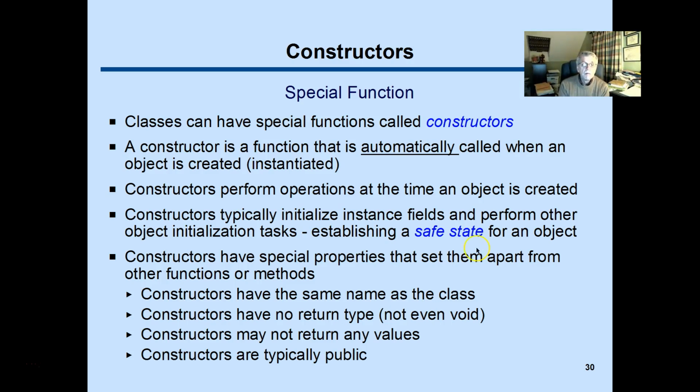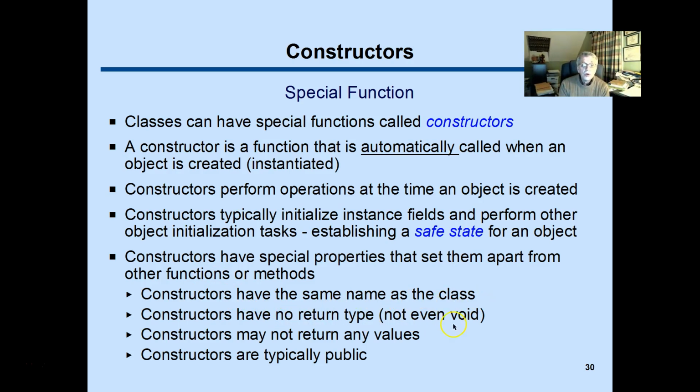So constructors have special properties that set them apart from other functions. A constructor is sometimes called a method. I think technically it really isn't a method, and object-oriented purists will go out there and say, no, it's not a method, and they'll dispute the point with you. So I'm just going to call it a function. Okay, so the constructor is a function, but what's different about the constructor versus other functions is that constructors have the same name as the class.